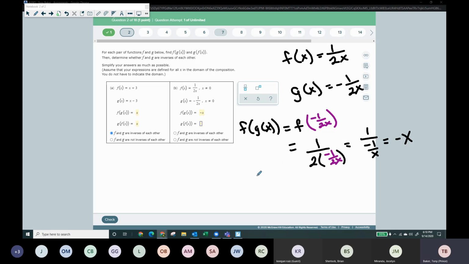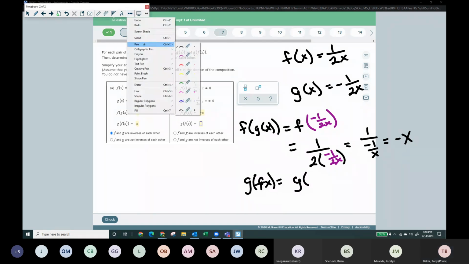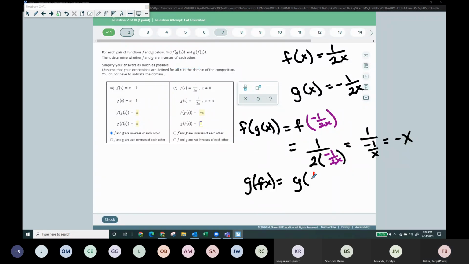All right. So then we're going to do the other one too. We're going to do the g of f of x. So I do g, and then I'm going to plug in 1 over 2x. So it equals 1 over 2 and then 1 over 2x.